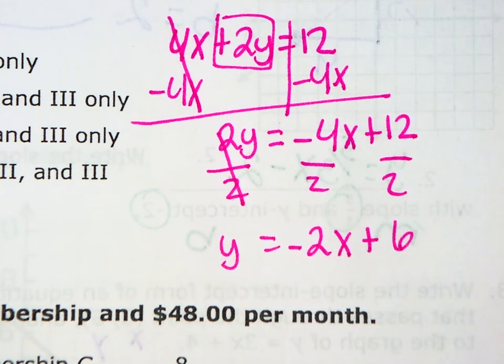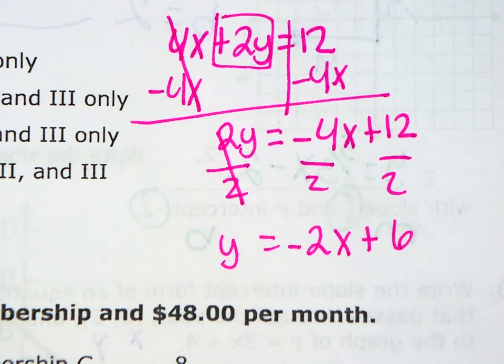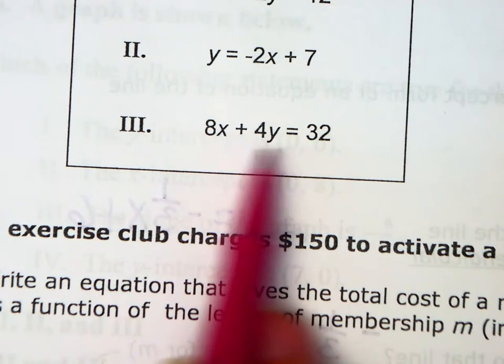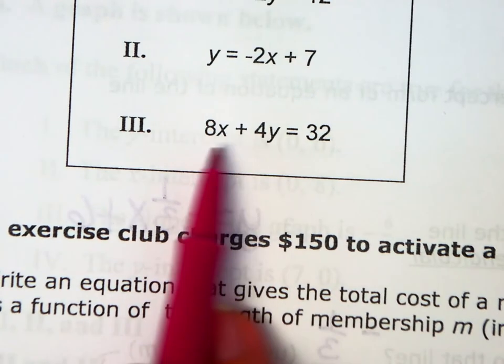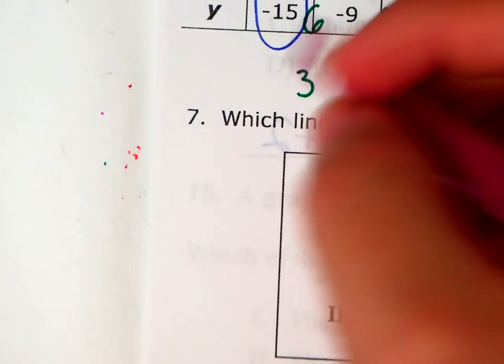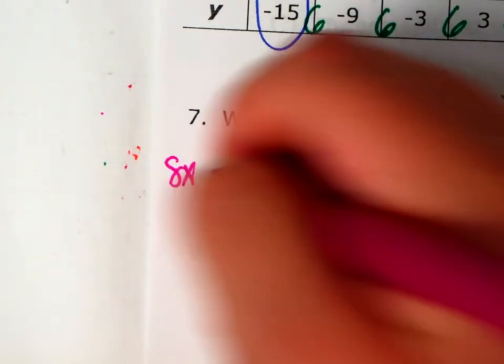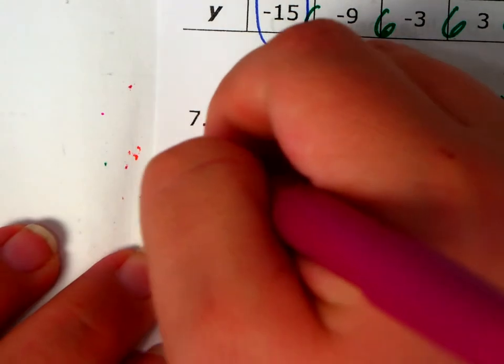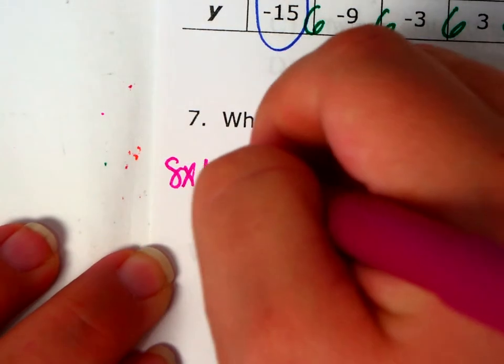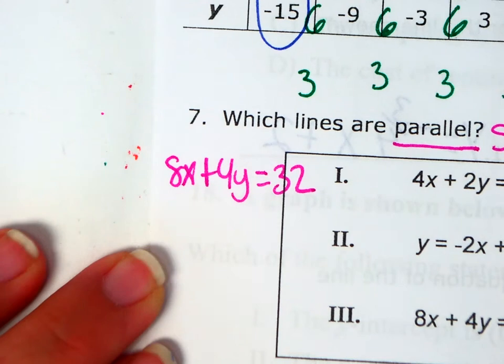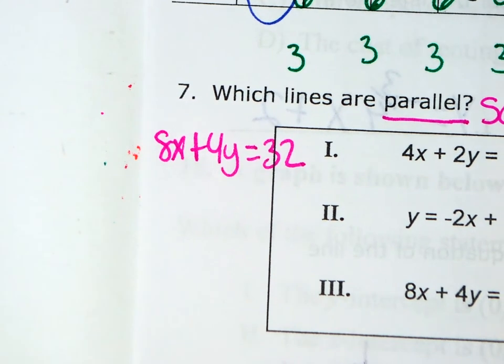Alright. We need to do that to number 3 also. So, take 3, I'm going to rewrite it over here though. So I have 8x plus 4y is equal to 32. I want the y by itself.